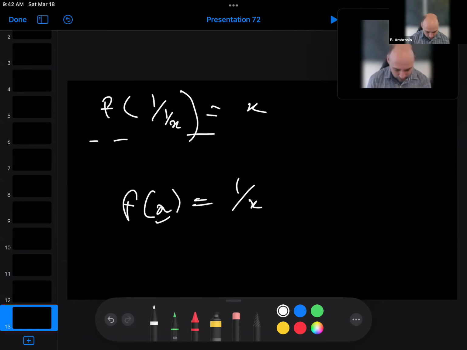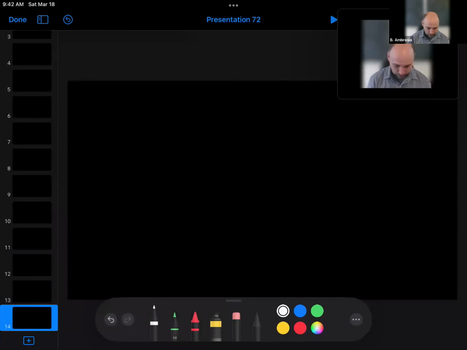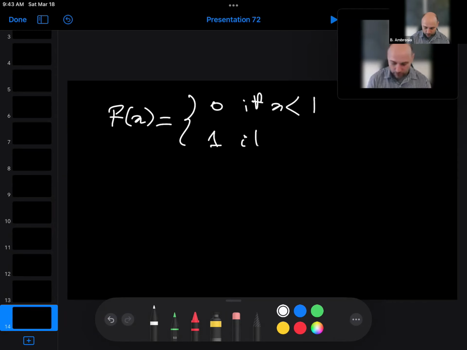Okay. So I can give you another representation. Let's say f of x is 0 if x is less than 1, and it's 1 if x is greater or equal to 1.